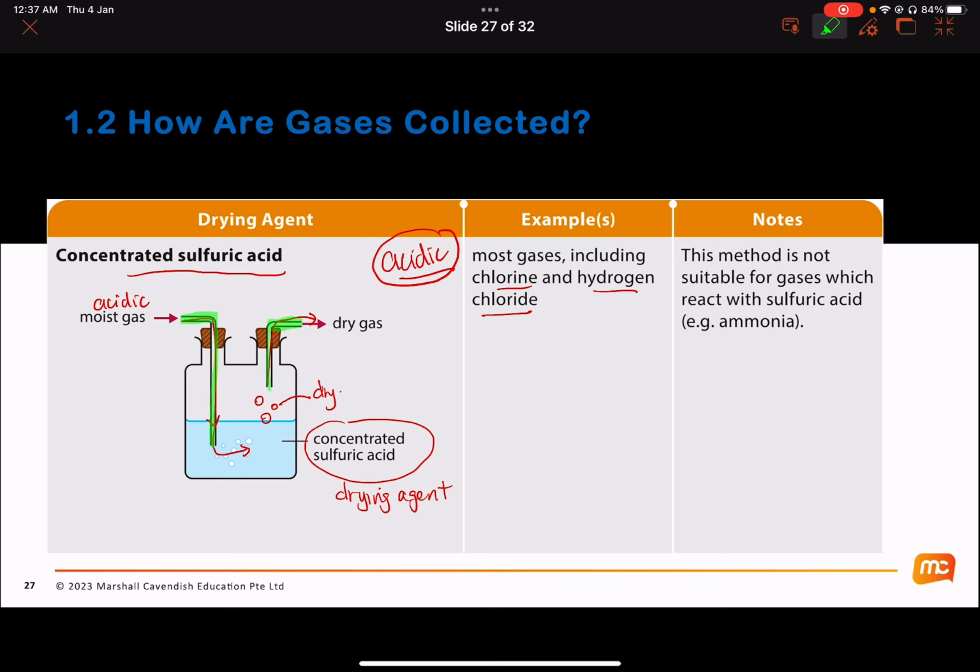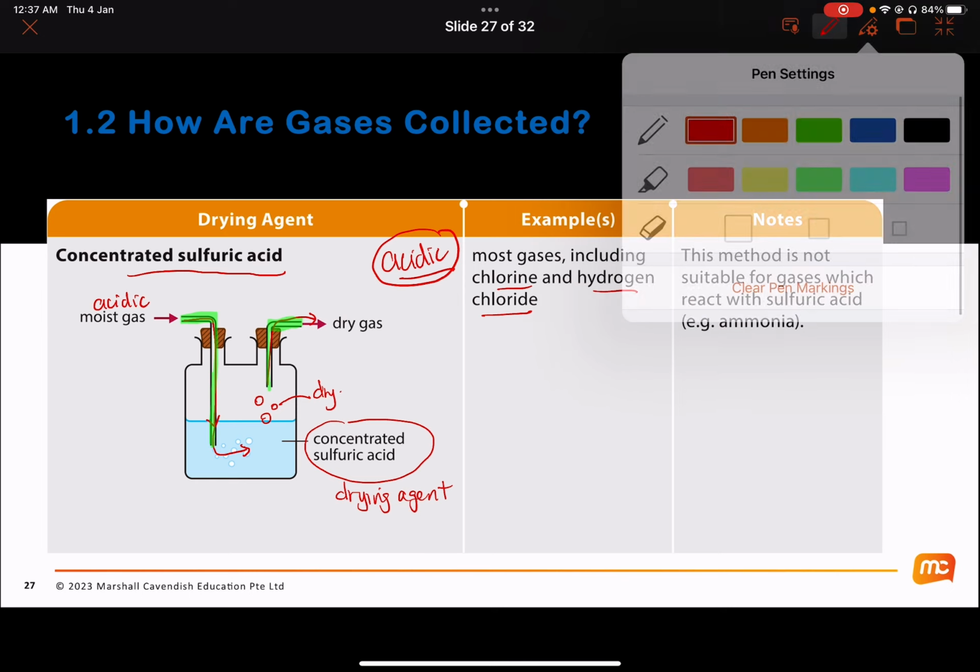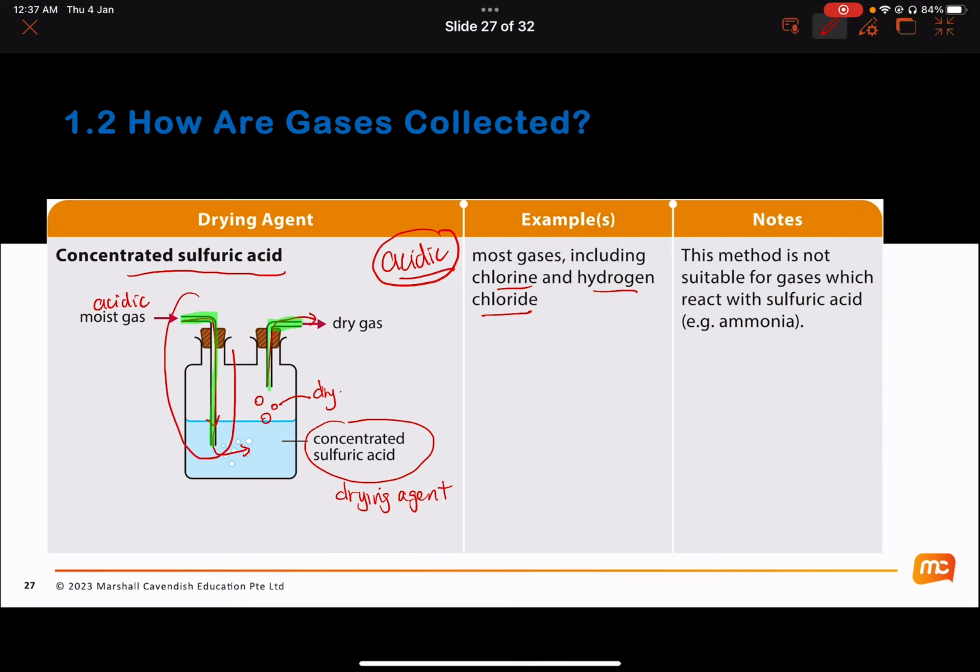The first delivery tube, which is showing the acidic moist gas, introduces the gas into concentrated sulfuric acid, so it has to be a longer delivery tube such that the gas goes into the drying agent. You need the gas to be in contact with the drying agent, then only the drying agent will be able to do its job.